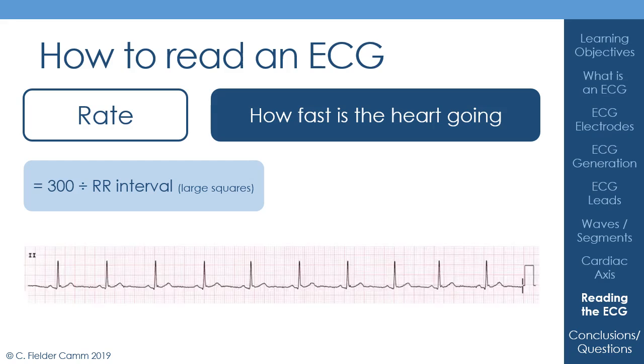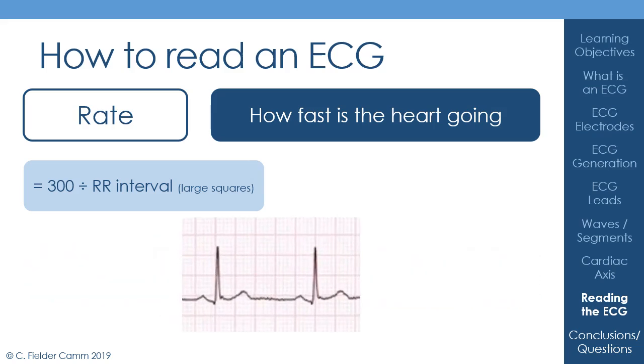And we can show that here. So we take a standard rhythm strip for an ECG. We'll take 1 or 2 complexes here, and we can show that that's 5 large squares across. So 300 divided by 5 is 60. So this heart rate is 60 beats a minute.